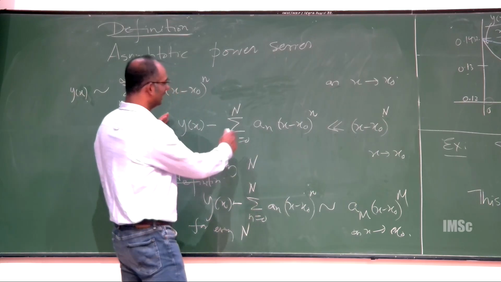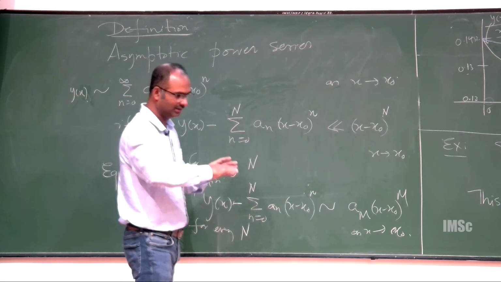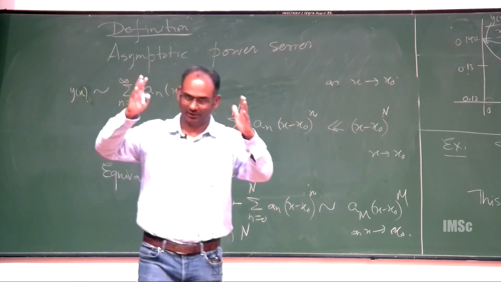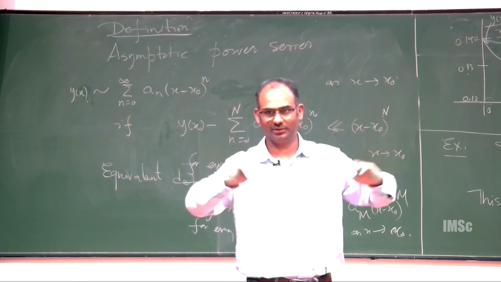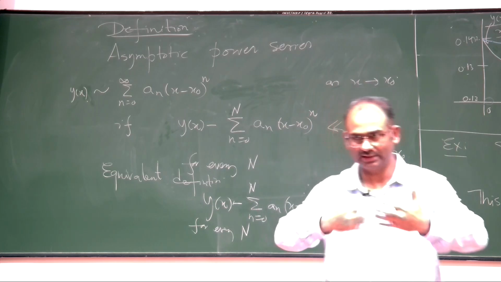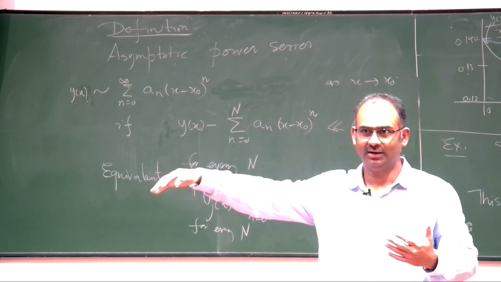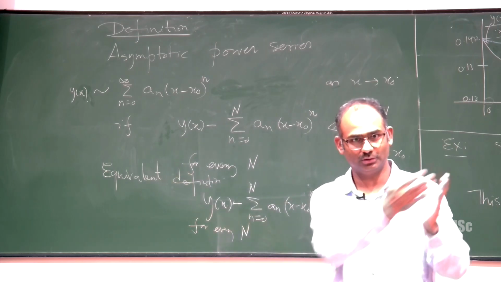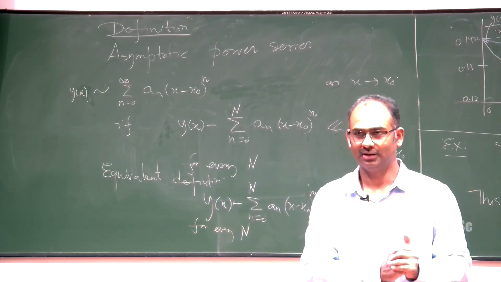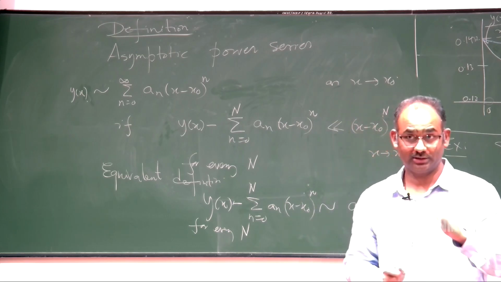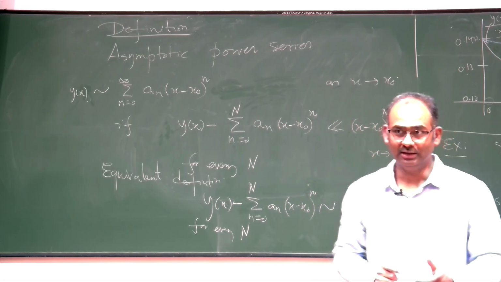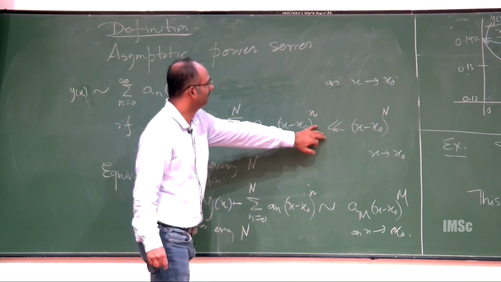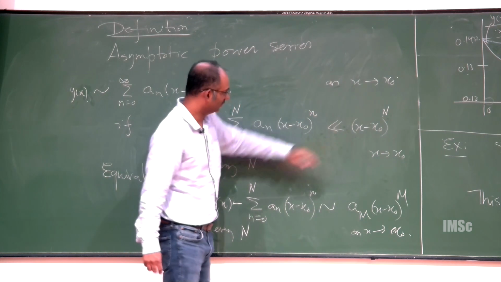So you see, if you have found an asymptotic series, I am assuming that I know y of x, there is a y of x known, and I have done an analysis and found an asymptotic expansion to it, and from my asymptotic expansion I want an estimate which is very good to the real result. What I should do, or the closest that I can come to, is determined by this. So there are those coefficients sitting.